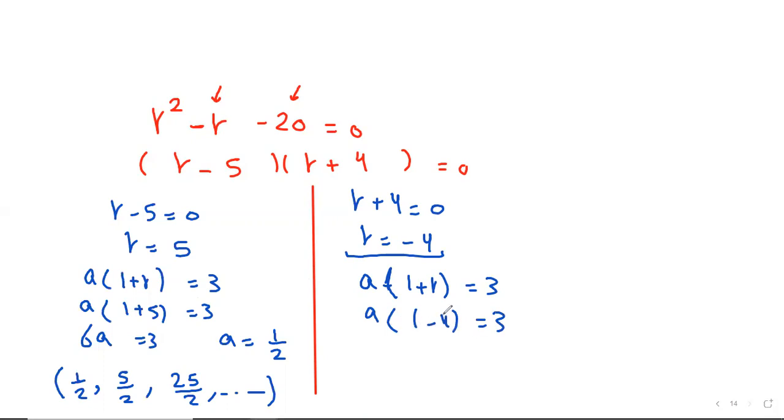So 1 minus 4 equals negative 3. So negative 3A equals 3, A equals 3 divided by negative 3. So A equals negative 1. So the sequence will be negative 1, A is negative 1, then multiplied by R equals negative 4. Negative 1 multiplied by negative 4 will be 4. Multiply again by negative 4, it will be negative 16, and so on.